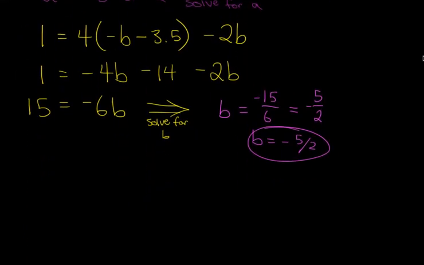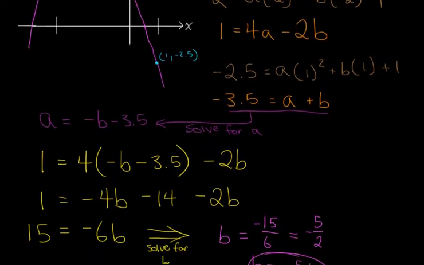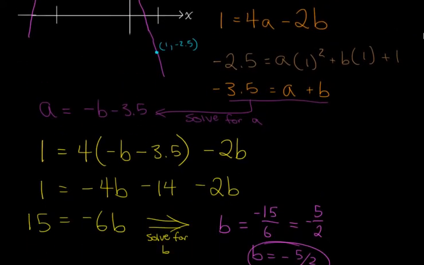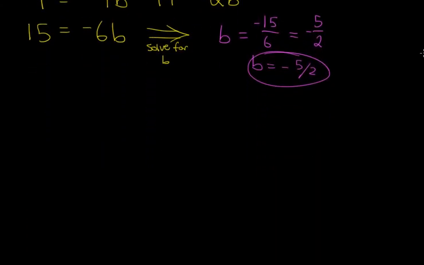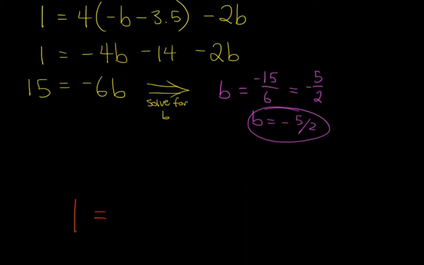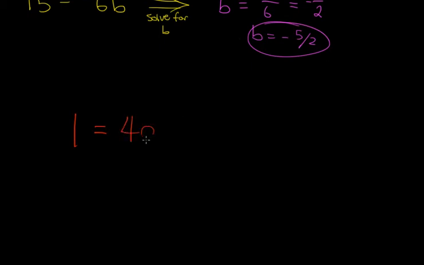Now all we need to do is solve for a. Pick any equation and stick b in there. I think it's easier with this equation. So 1 is equal to 4a minus 2 times negative 5 halves.